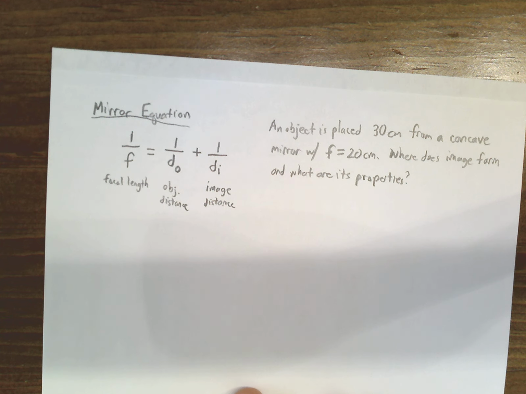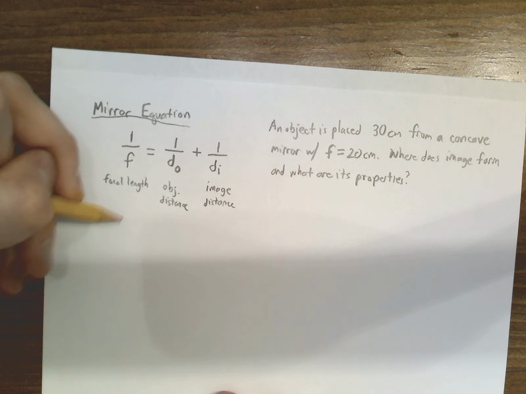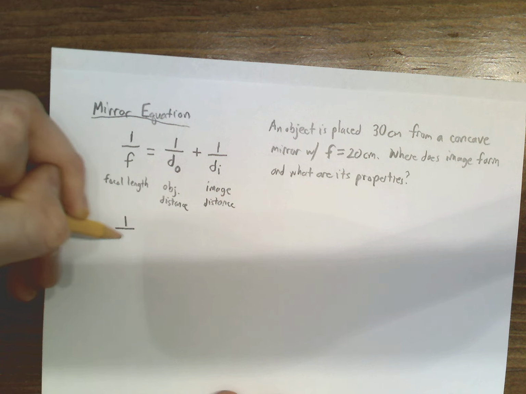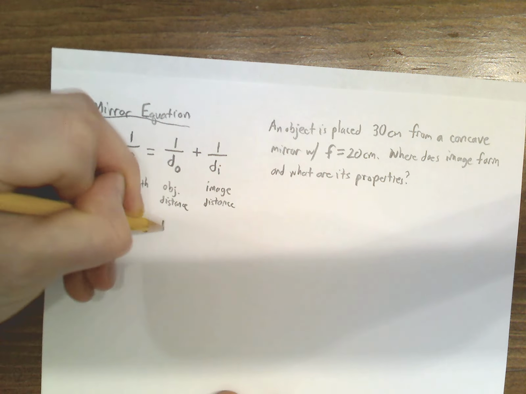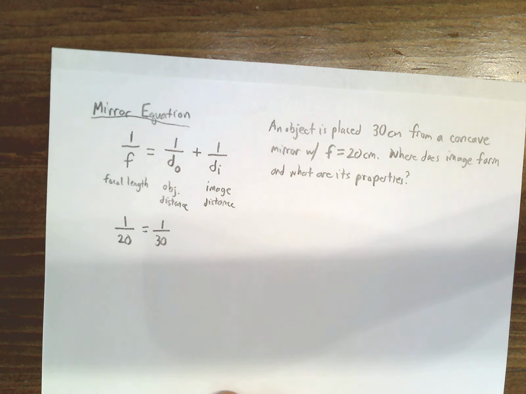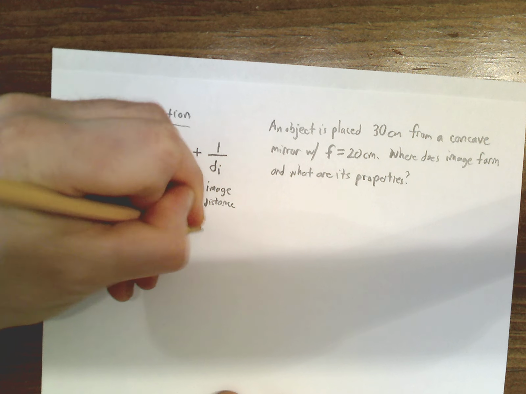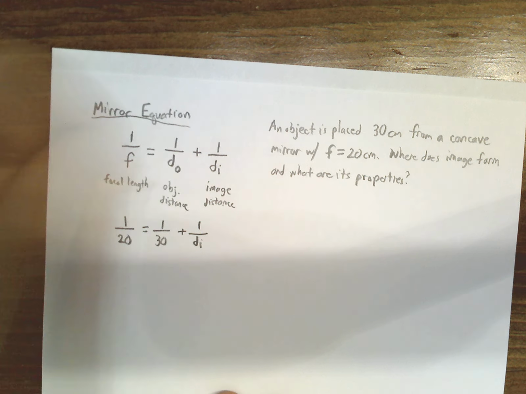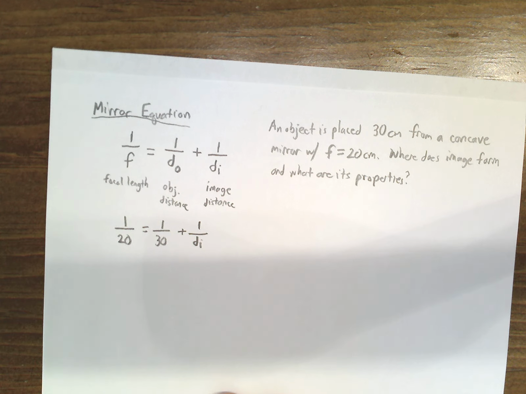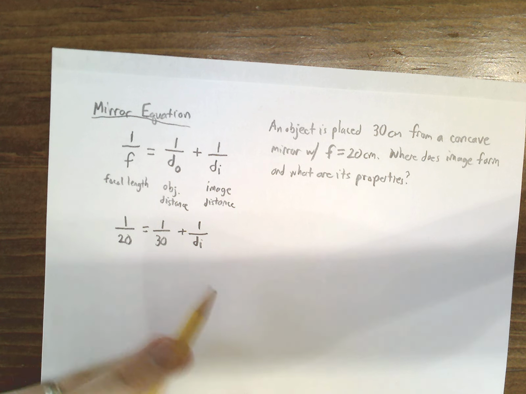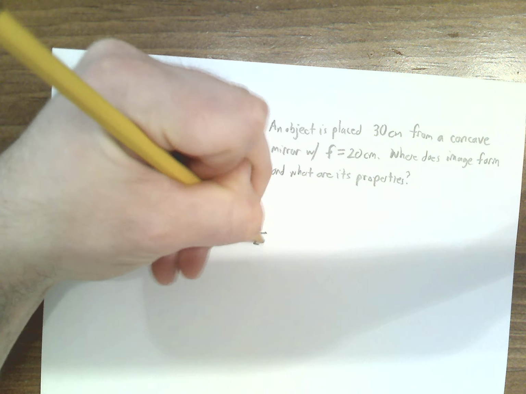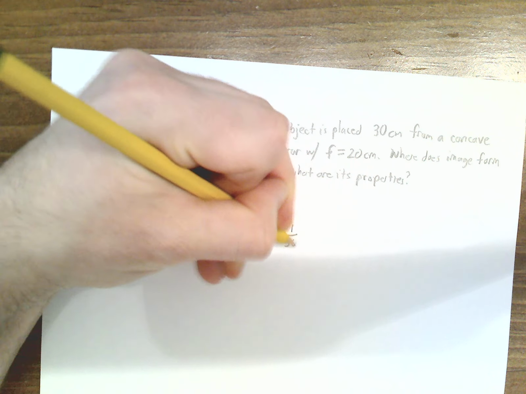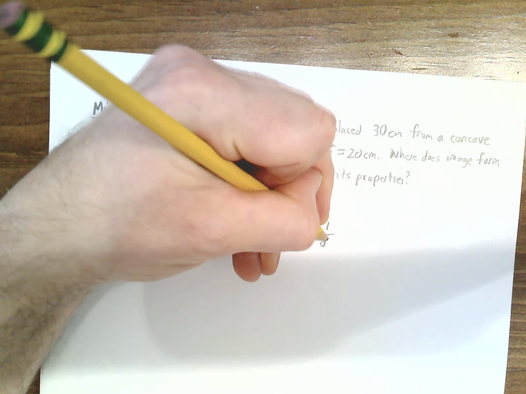So we apply the formula. We are going to do 1 over 20, F is 20 centimeters, equals 1 over 30 centimeters for the object distance, plus 1 over di for your image distance. I'm going to solve for di. 1/20 minus 1/30 equals 1 over di.